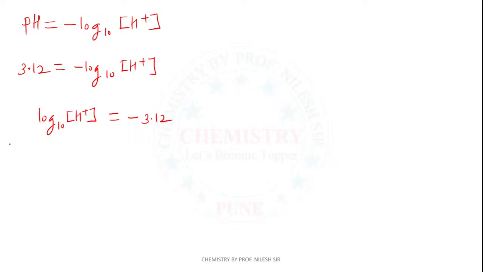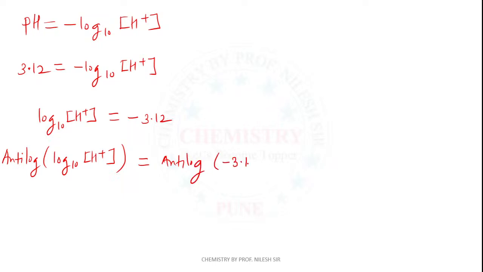By taking the antilog of both sides, antilog of log to the base 10 of H plus ion concentration is equal to antilog of minus 3.12. Get it? So antilog and log get cancelled.